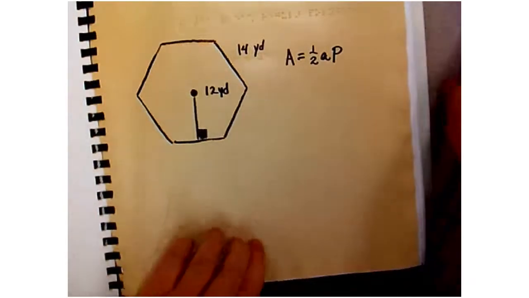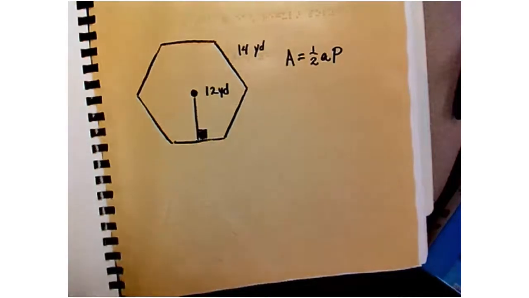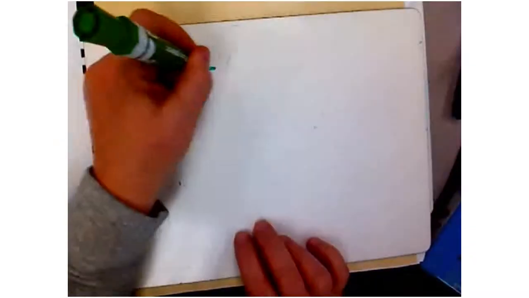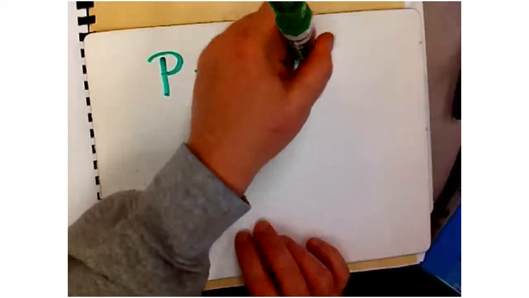All right, now everyone, what do we want to do first? That's our first step. Well, we can plug it in, but we can't plug something in yet until, what's P? Can we plug P in? Do we know P? Okay, so we need to find P, don't we? So what is the perimeter of our hexagon? 6 times 14.